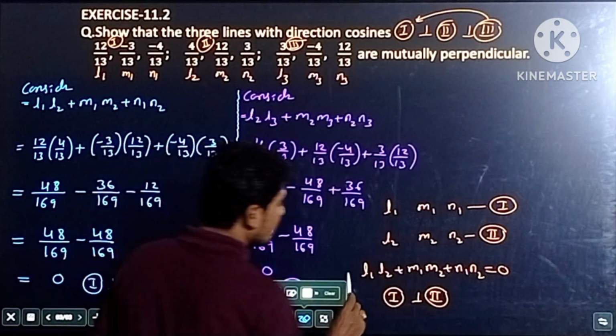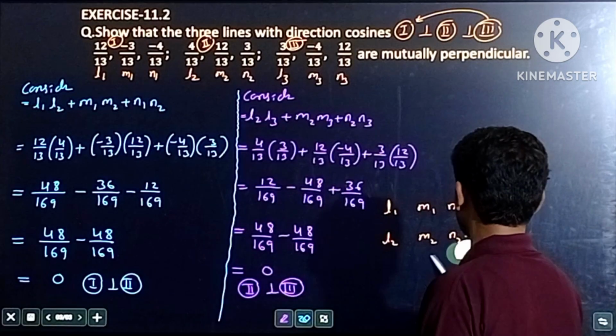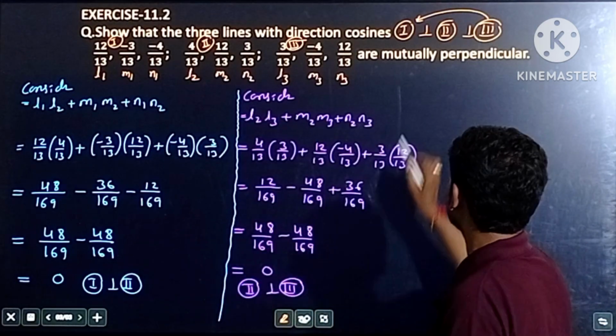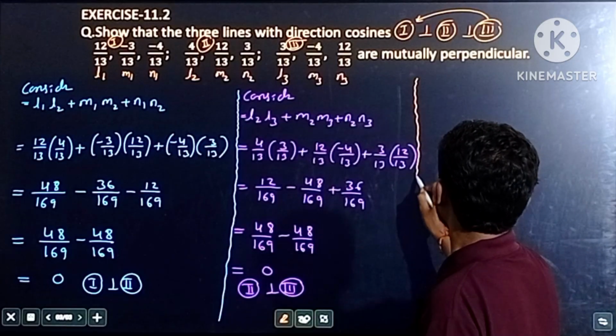Now we need to prove that the first and third lines are perpendicular to each other.